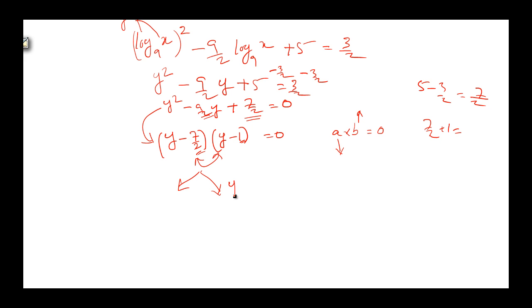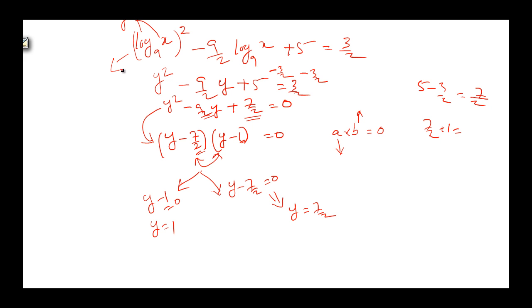From this we can conclude the two options, that is, one is y minus 7 by 2 equal to 0 or y minus 1 equal to 0. That gives you y is equal to 7 by 2 on one side and y is equal to 1 on the other side. Okay.